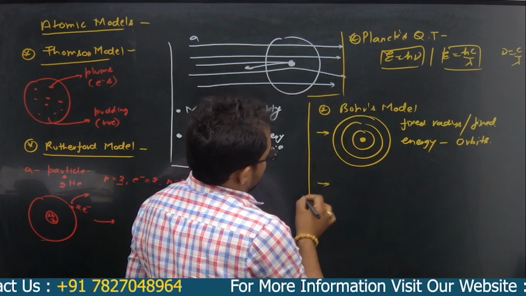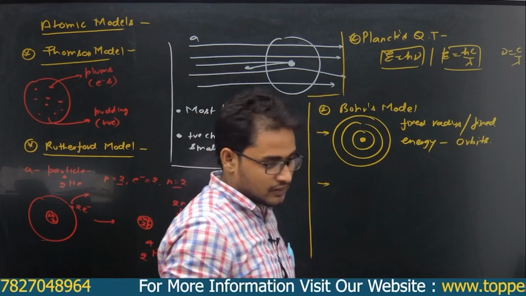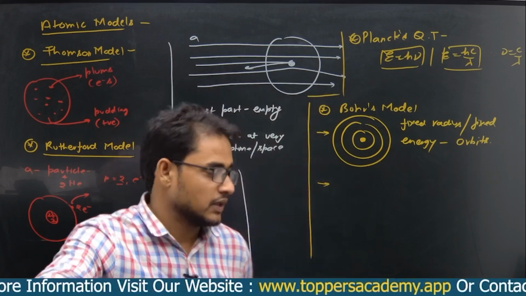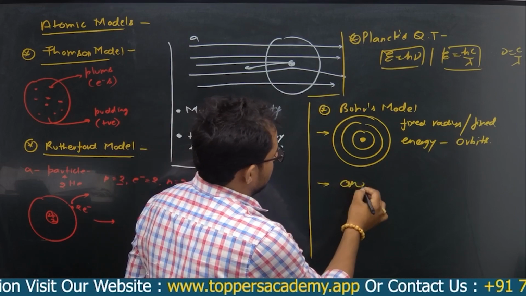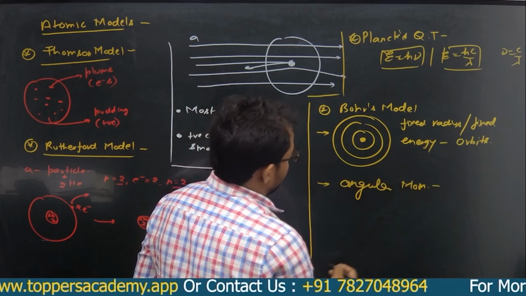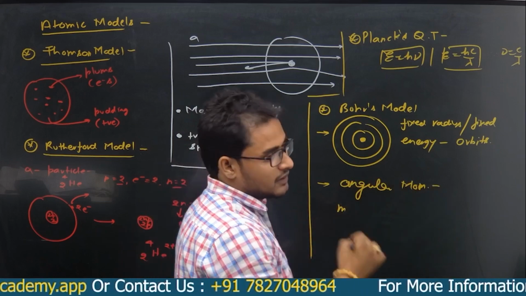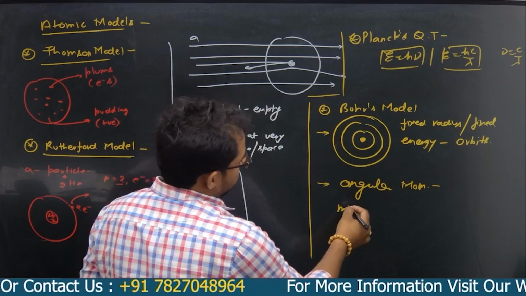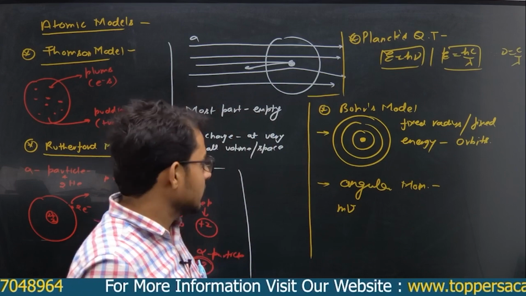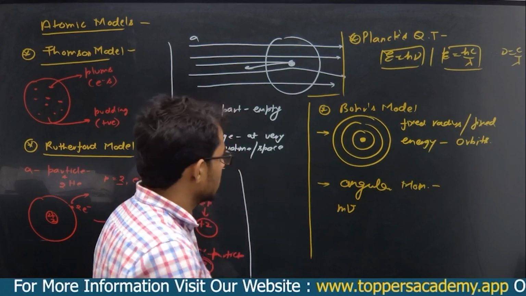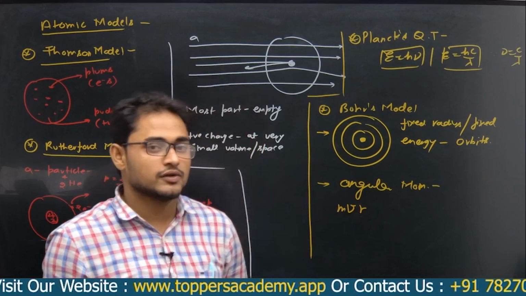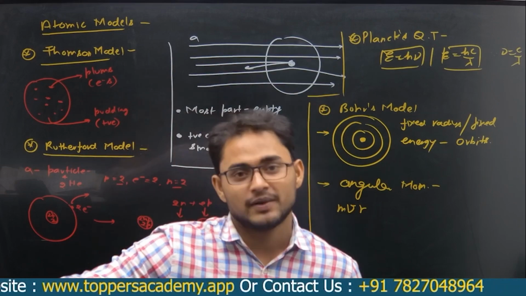He said that the angular momentum of an electron which revolves around the nucleus is equal to m, where m is mass. If I multiply it by velocity, it is momentum, and if I multiply it by the radius of the orbit in which the electron is revolving, now it is angular momentum.